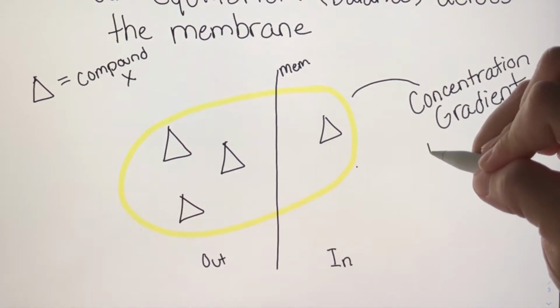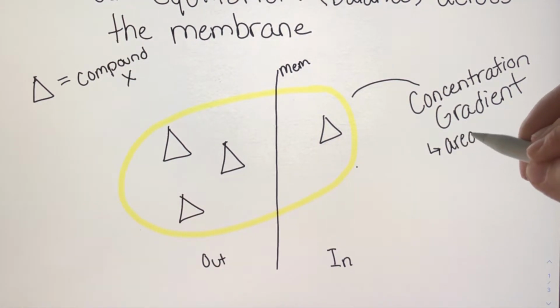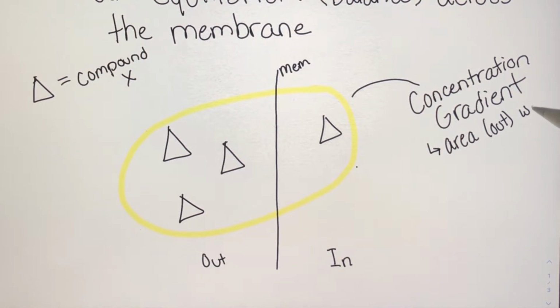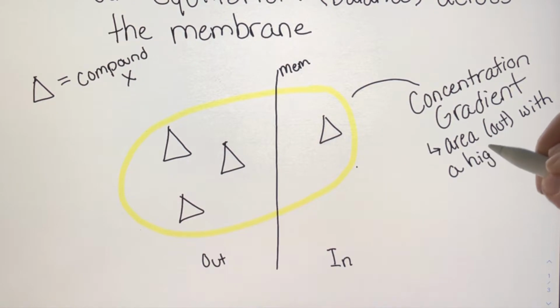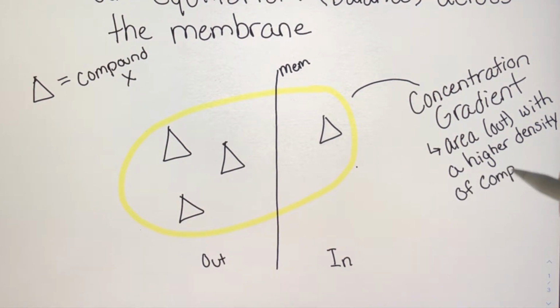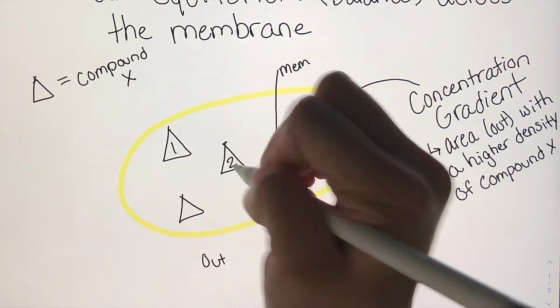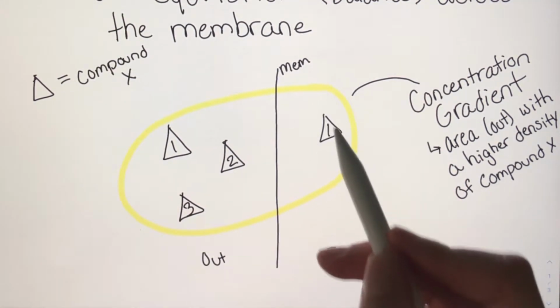What that means is that we have one area, which is going to be the outside, with a higher density of compound X. And we say it's a higher density because over here we have 3, and over here inside the cell we just have 1.